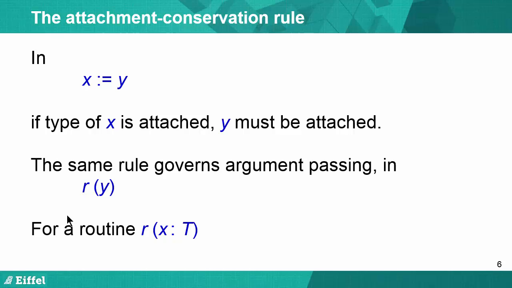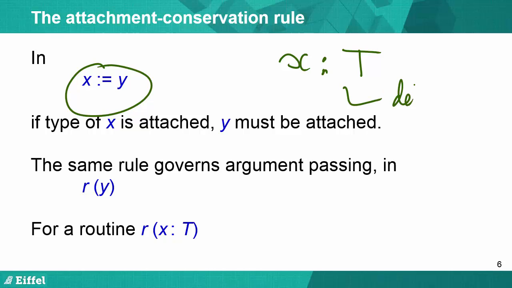First, the assignment. If I have an assignment X receives Y, and for example, X is declared of type T, meaning attached T, then Y must also be attached. So you can assign attached to detachable. That's not a problem, of course. If X were declared of type detachable T, then of course we can assign something to it that could be void. But if X is not detachable, then we must have Y which is attached.